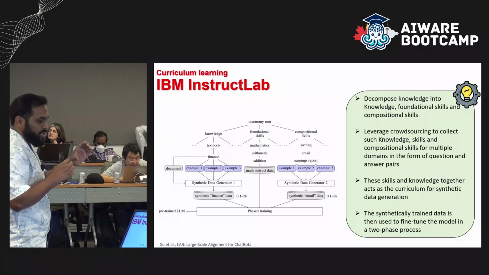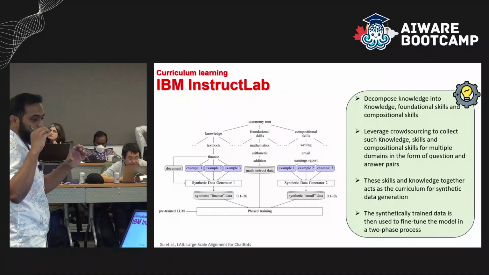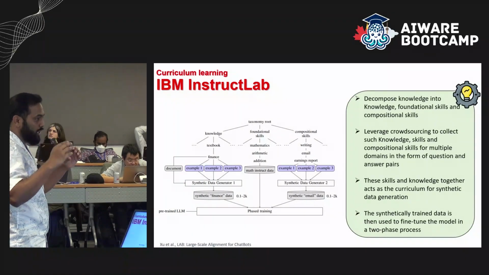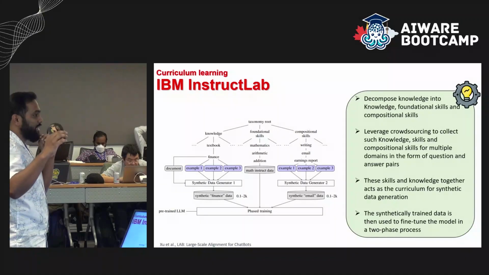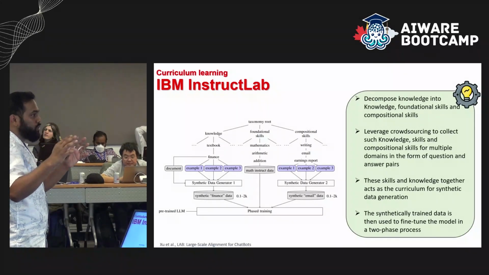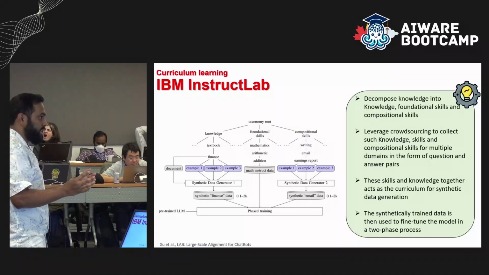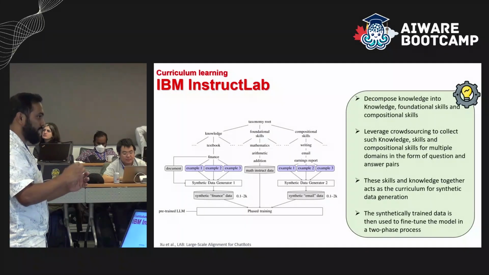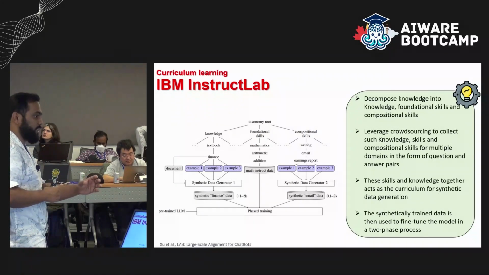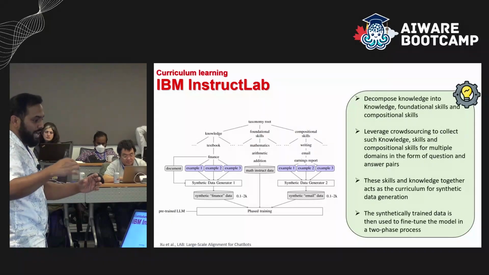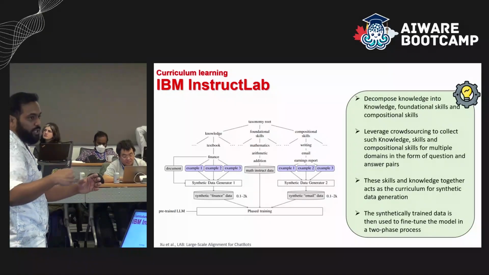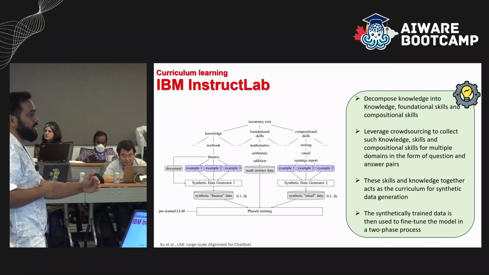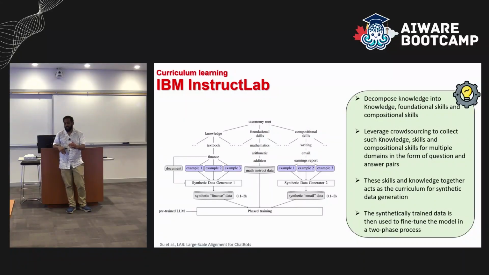They have some foundational skills, some knowledge snippets, and compositional skills. And they use these to synthetically generate data in their synthetic data generator component. Then they send the synthetically generated data to review, and if the review goes okay and the user is happy with it, they use it to fine-tune their model.